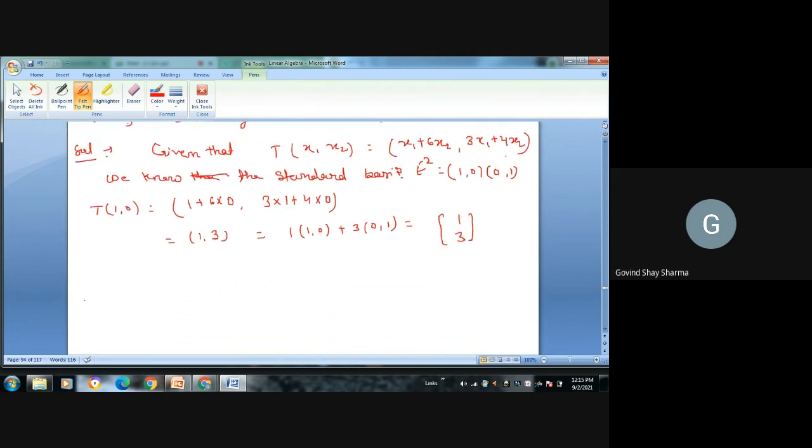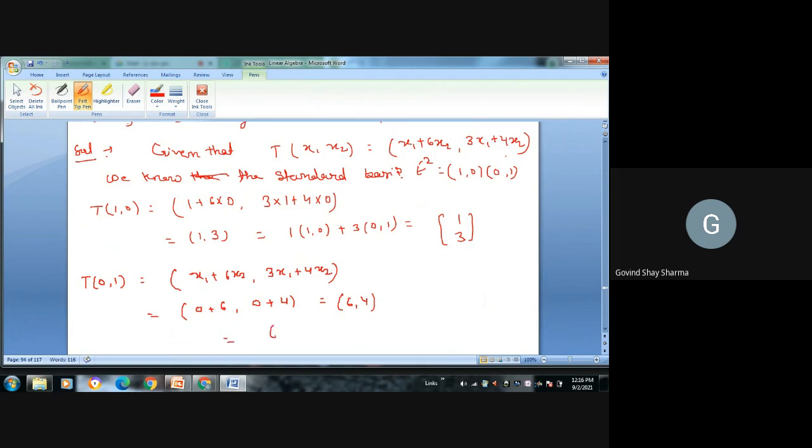Now for T(0, 1): (x1 + 6x2, 3x1 + 4x2) gives (0 + 6, 0 + 4), so this converts into (6, 4).